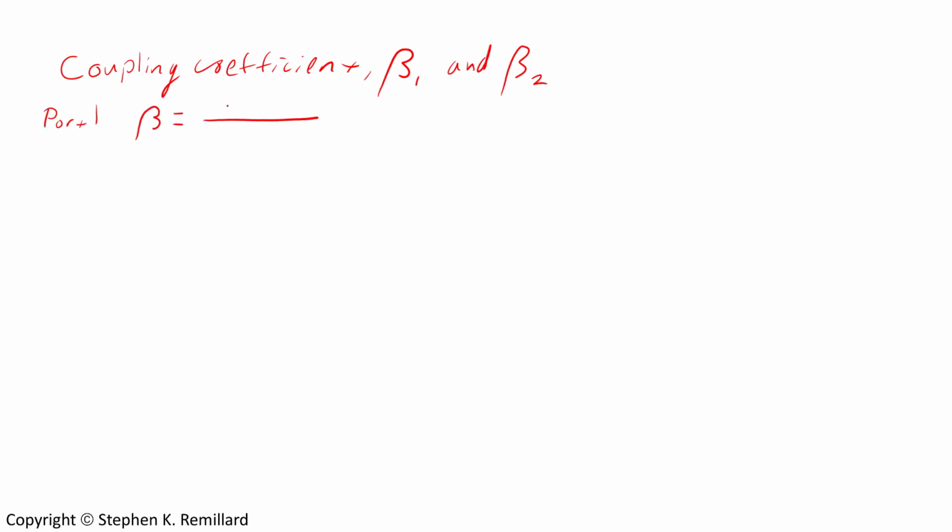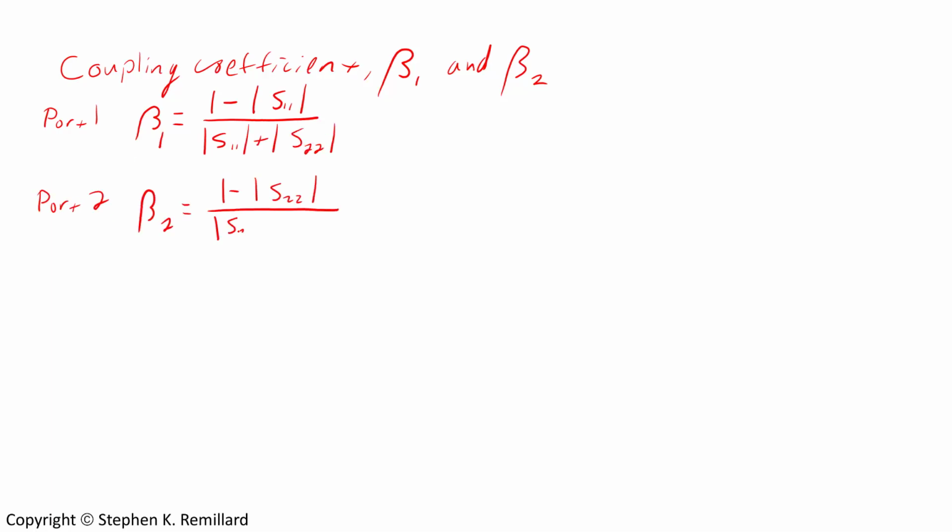And each port has a different amount of coupling, and it can be characterized with the coupling coefficient. I'll use the letter beta to indicate it, and so there's beta 1 for port 1, and there's beta 2 for port 2. And they're calculated from the magnitudes of S11 for each dip. And the total coupling coefficient is just the sum of the 2.